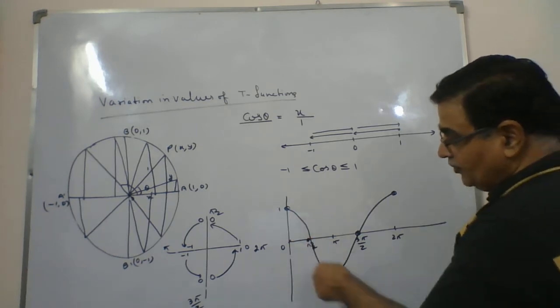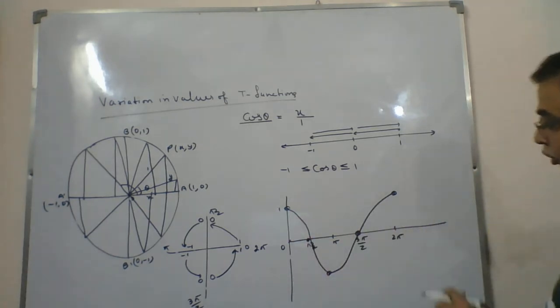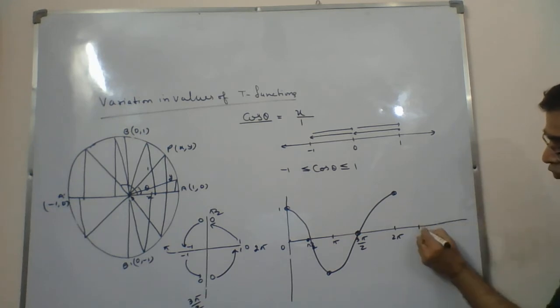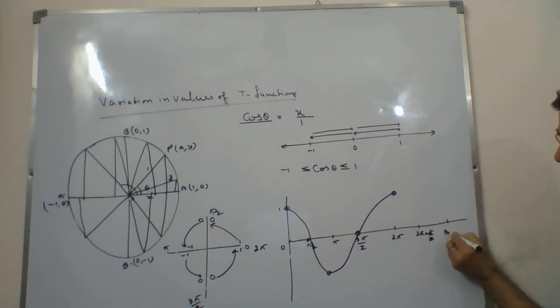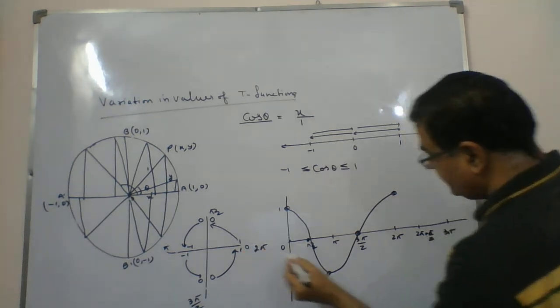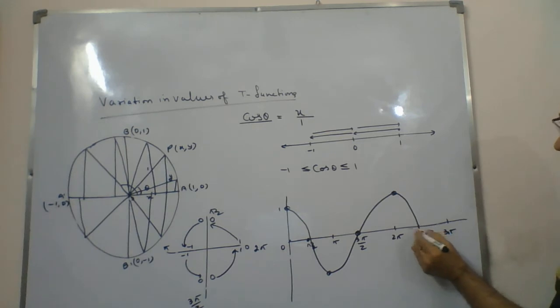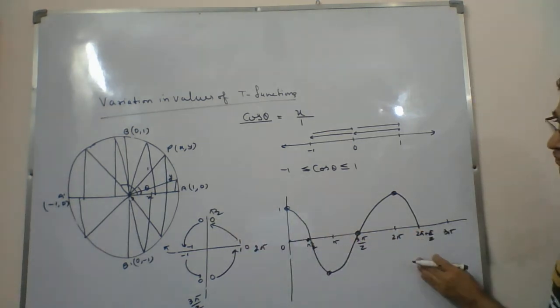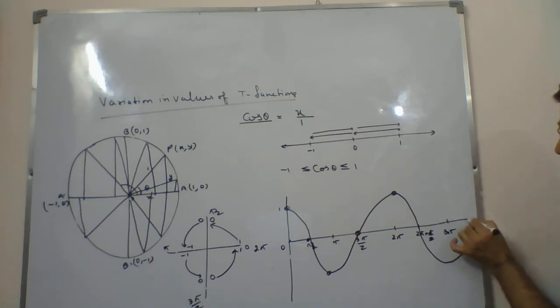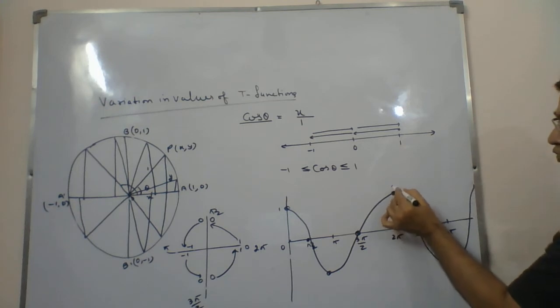And is it a continuous curve? Yes. If I go further, 2 pi plus pi by 2, it comes out to be 5 pi by 2, and again it will go from 1 to 0, then 0 to minus 1, and then further. So the curve is going to repeat.